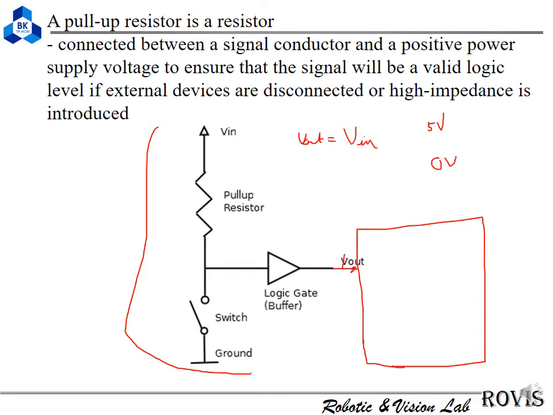Okay. And what happens if we touch the switch here? What is the value of Vout? The value of Vout is 0, right? Because it's connected to the ground.